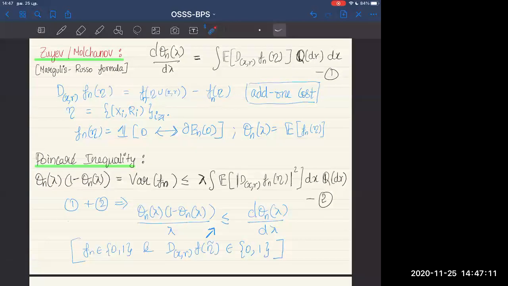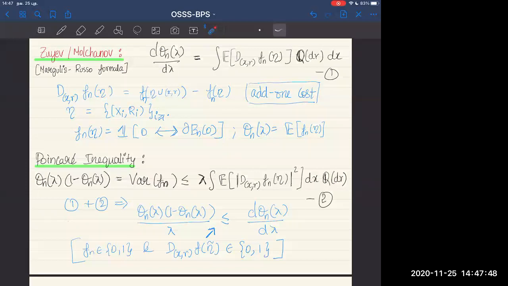And the next important tool is the Poincaré inequality. What does the Poincaré inequality say? It tells us that the variance of Fn, which is theta n of lambda times 1 minus theta n of lambda, since Fn is an indicator random variable, so it's a Bernoulli, so the variance is p times 1 minus p, is upper bounded by lambda times a similar integral as above, but with a modulus and a square.